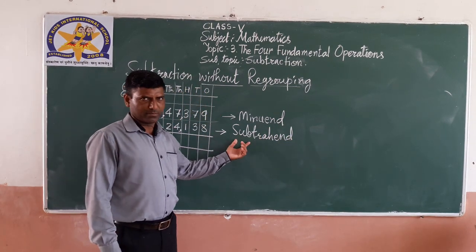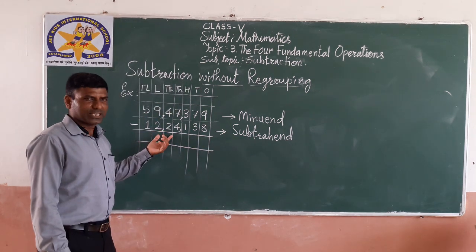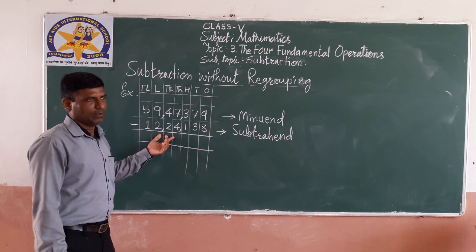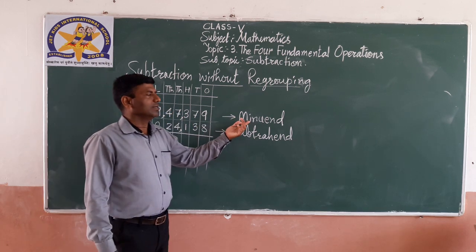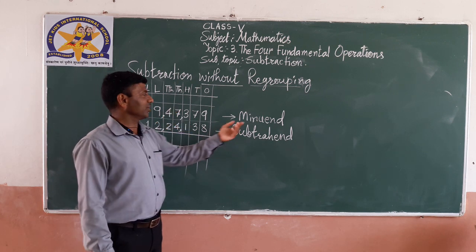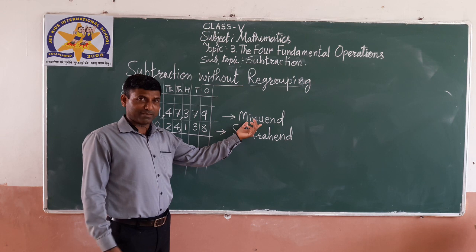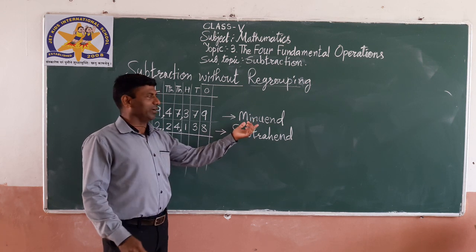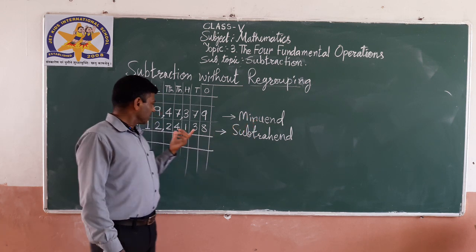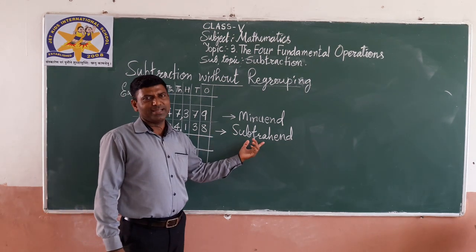Subtrahend is the number we are subtracting from the bigger number, and the bigger number, from which we are subtracting, we call the minuend. जिसमें से हम सब्ट्रैक्ट करने वाले हैं उसे minuend कहते हैं, and the term we will subtract, that we call the subtrahend. Understand?